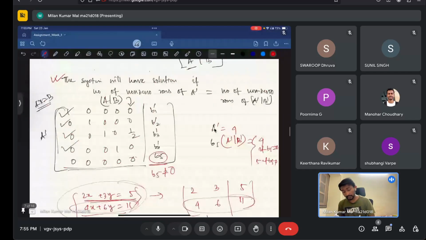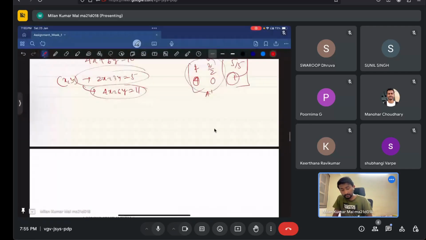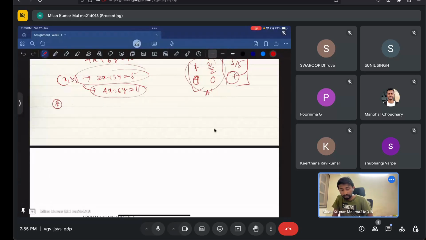That situation is called inconsistent, if a system does not have a solution. And if a system has a solution, then it is called consistent.